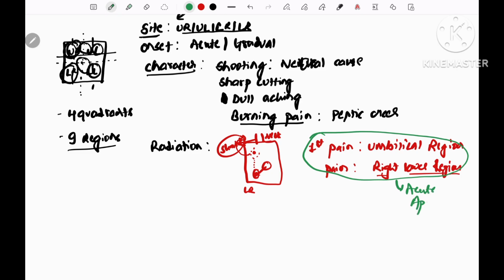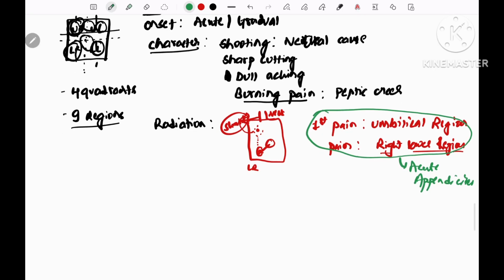Similarly, we should also ask whether the pain which is present is shifting from one side to another.